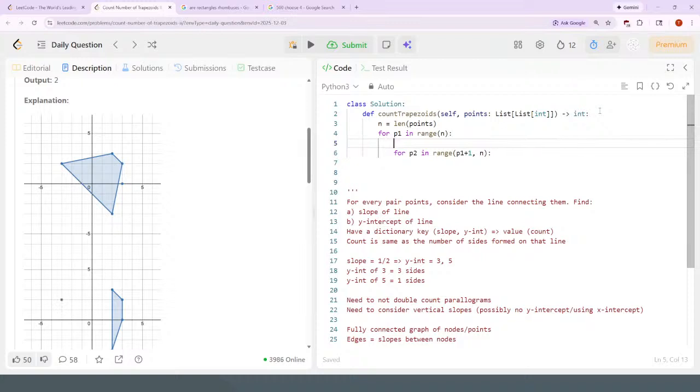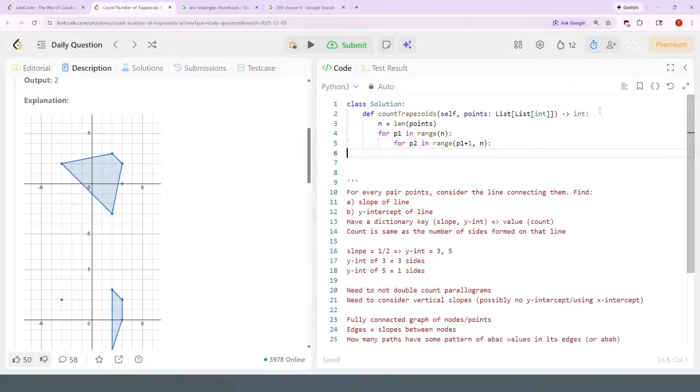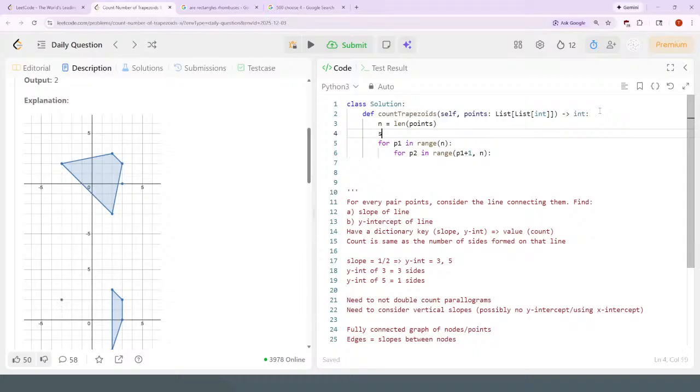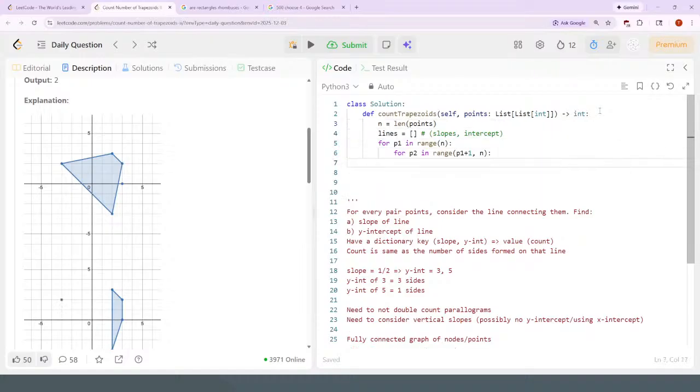And let's say I have lines as an array, and this is going to be tuples that are slopes and intercept, which by default is the y-intercept, unless it's a vertical line, in which case it'll be the x-intercept.